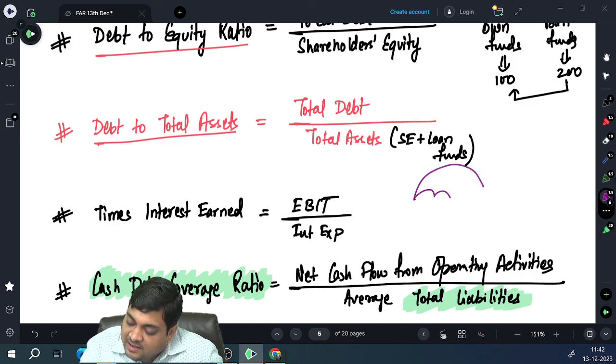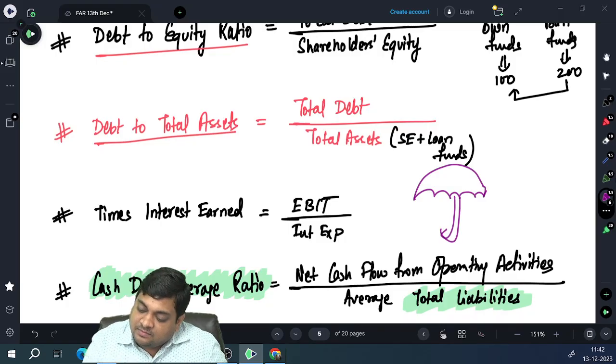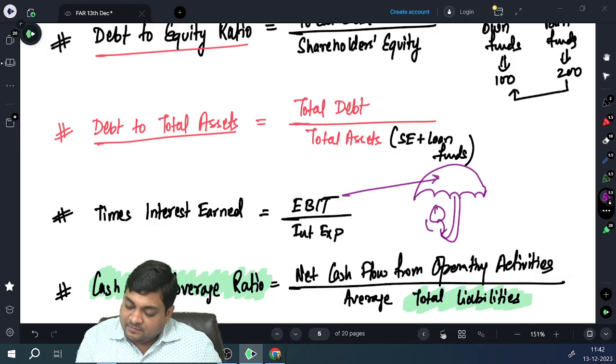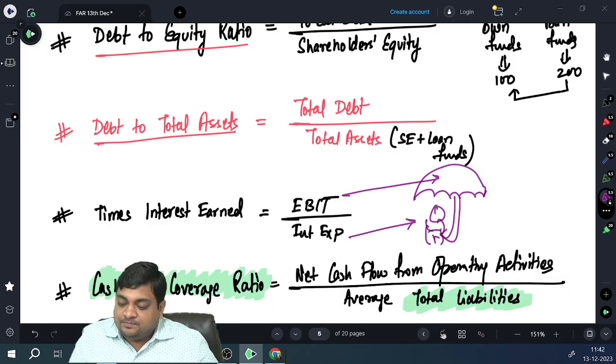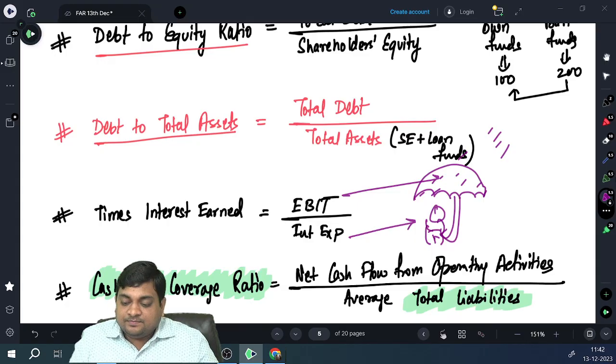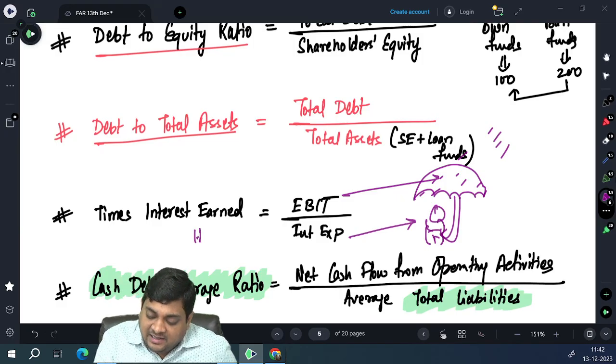And this is like this. This is EBIT, the umbrella. And this person is interest. And it is raining heavily, so I am protected. How many times of interest you have earned? Higher, the better it is.